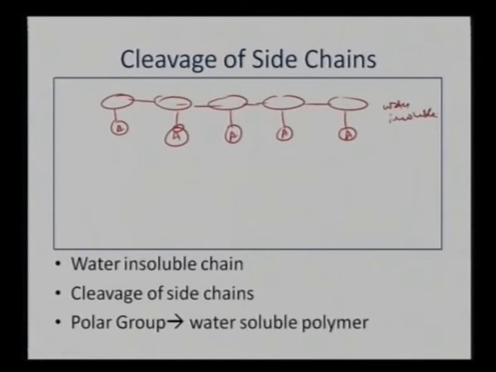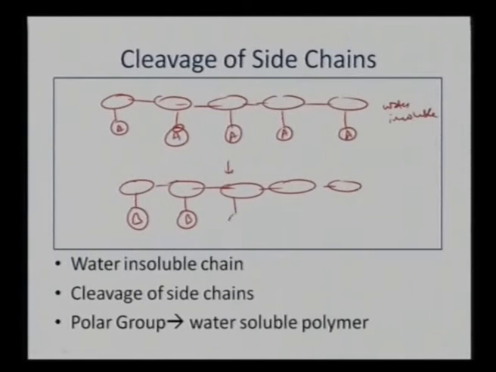But in the process, the cleavage of all these side chains can form something which is much more polar, or it can be much more charged. So the overall basic chain, the backbone of the chain, remains as it is, but the side groups now become charged. So now we have polar groups which are attached out here, and that makes the chain water soluble.